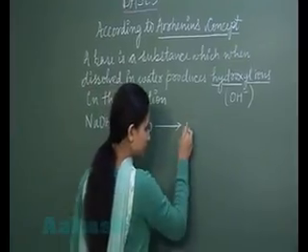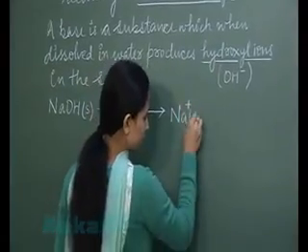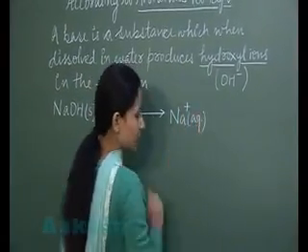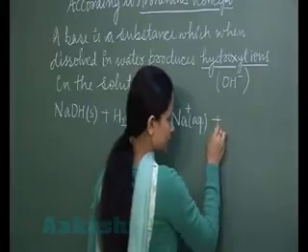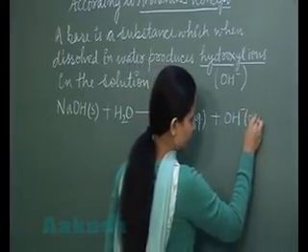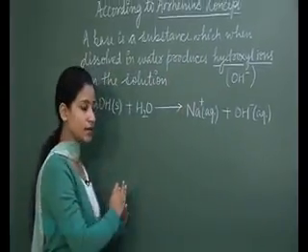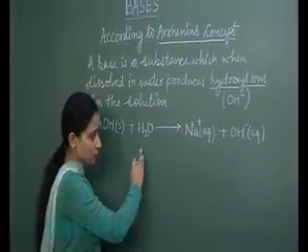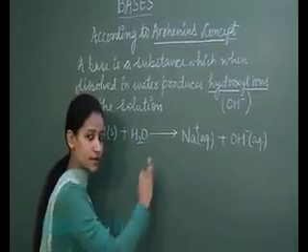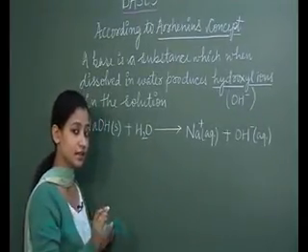We get sodium Na positive aqueous ions plus OH negative aqueous ions. So here, as sodium hydroxide when dissolved in water is liberating hydroxyl ions, this means that sodium hydroxide is acting as a base.